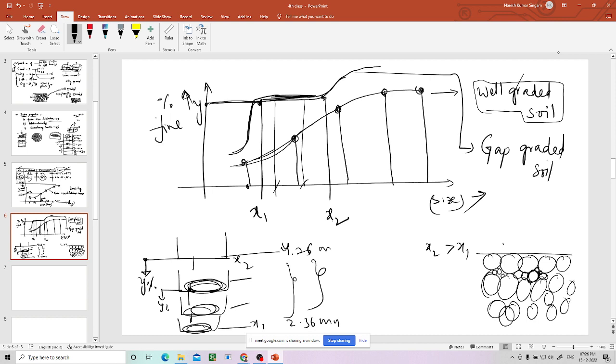It will not collapse when there is a load because of the voids. So that is the reason why well graded soil will have different sizes of particles. When there is a curve like this having a horizontal portion, it is gap graded soil.